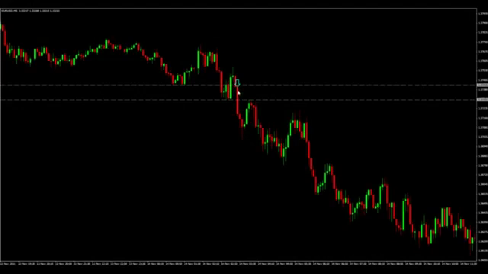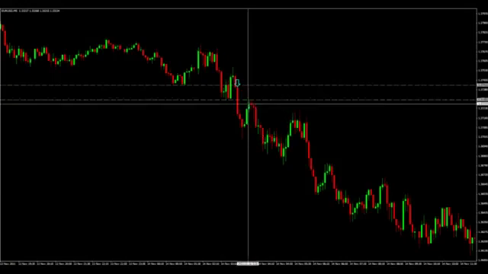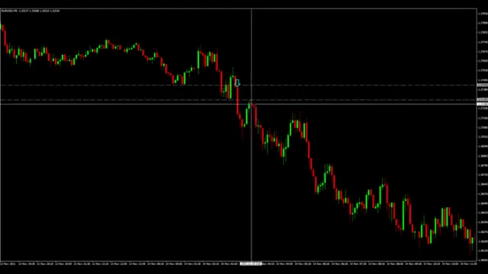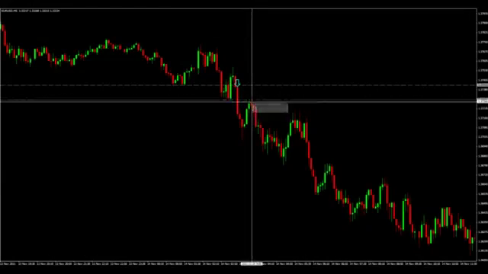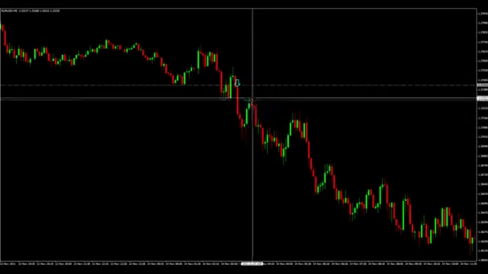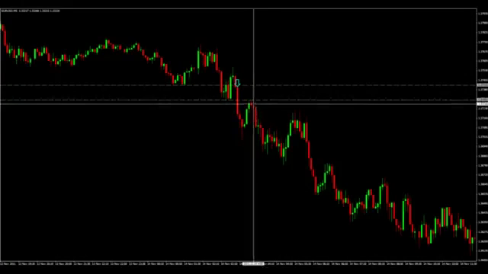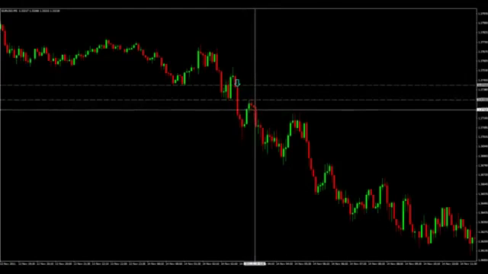So we've got a pretty good move down, and as you can see, we've got a pretty good move back up, which had a wick that came up and touched this level. So that's the first good sign. Then we had another wick that came back up and touched this level, and again it did not break that support level right there. And we had another candle that kind of moved back down.